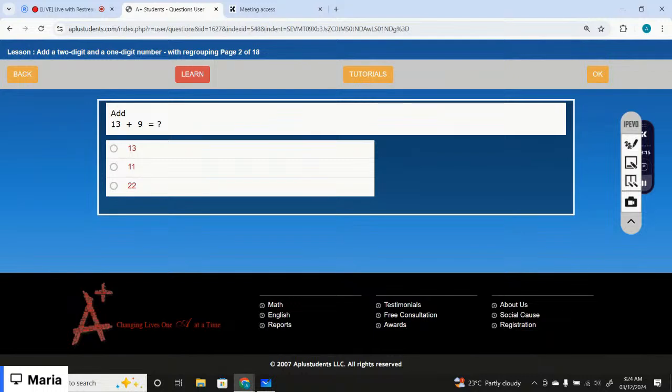13 plus 9, which is the correct option? That is 13 plus 9 equals.